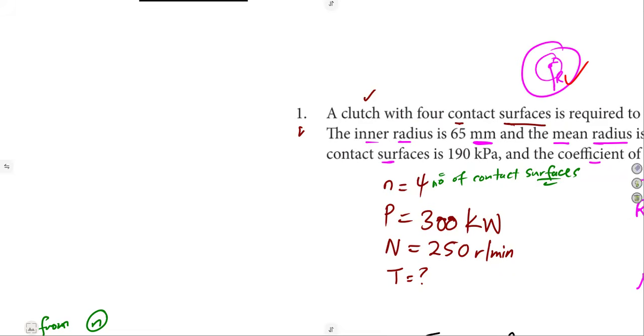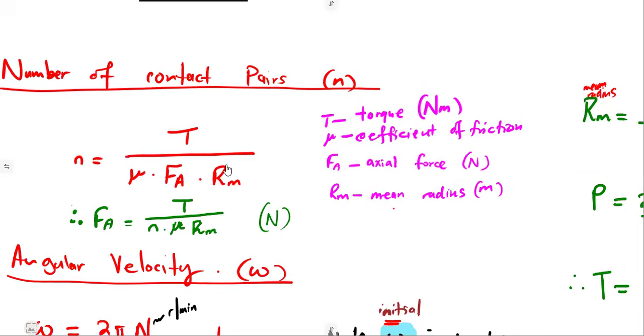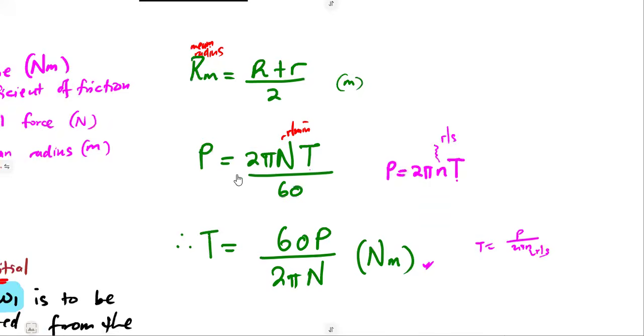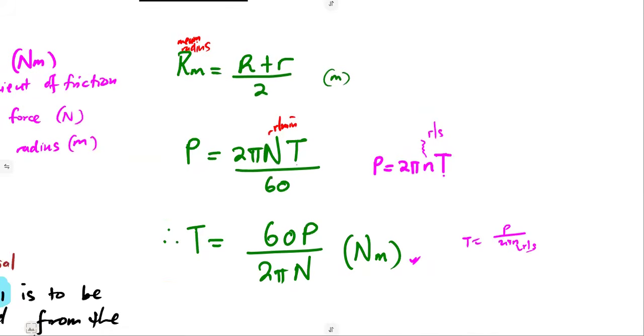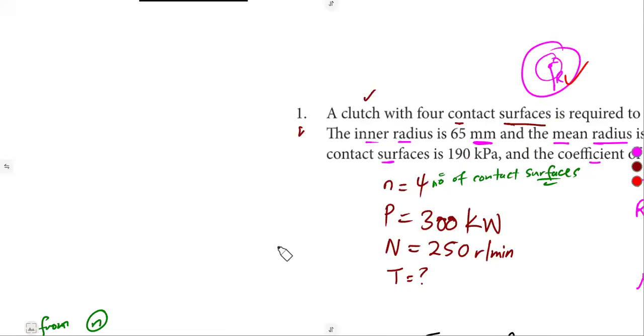I'm not going to waste time, because in our previous class we talked about the power formula and how to manipulate it to end up with the formula for torque. So let's determine the torque.